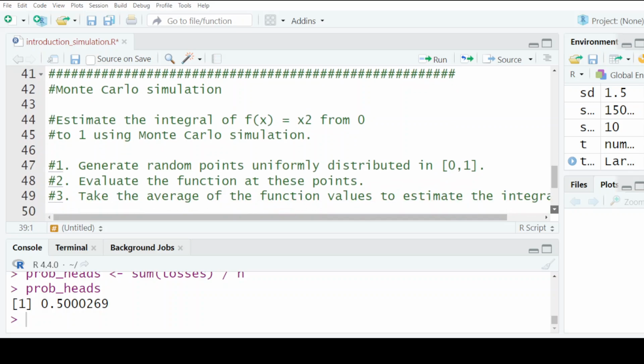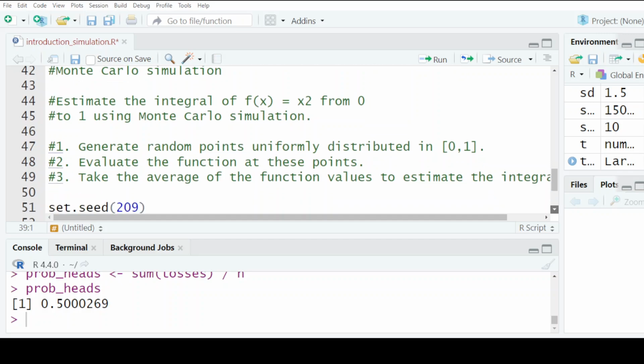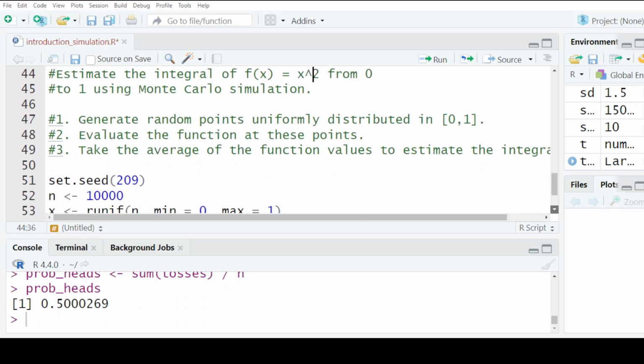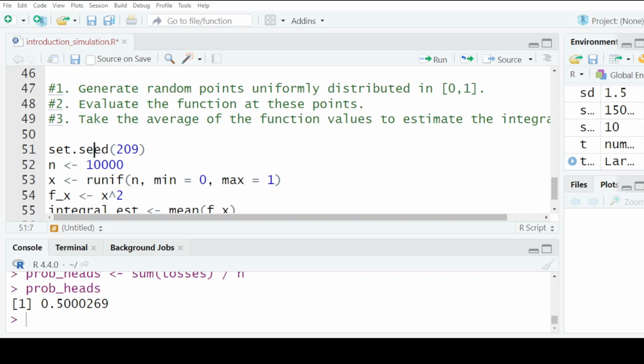Now I want to briefly introduce Monte Carlo, and I want to estimate the integral of x squared from 0 to 1. If you do the integration from 0 to 1 of x squared, that will be x cubed over 3, and if you substitute 0 and 1, you get 1 over 3.